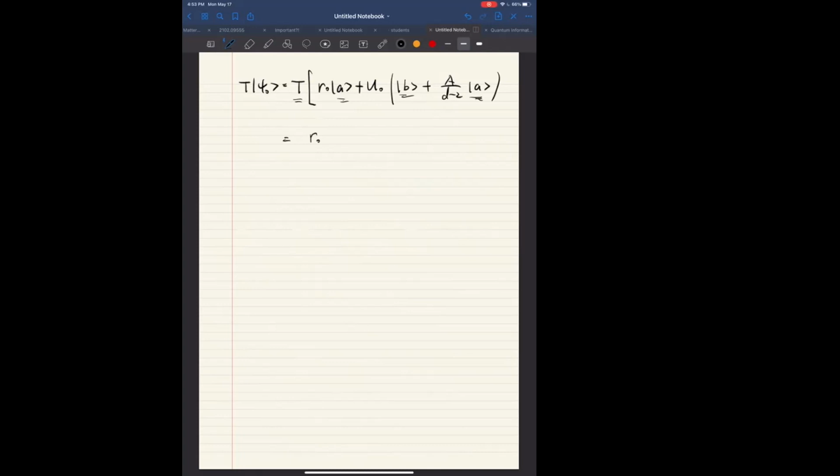So T acting on A gives you S squared times A, and then the remaining part is R0 plus mu 0 times A divided by D minus 2. Okay, and then the other part is the B part, which will be S minus D, B part, right? And then it's nothing but mu 0. So this is the second term here.